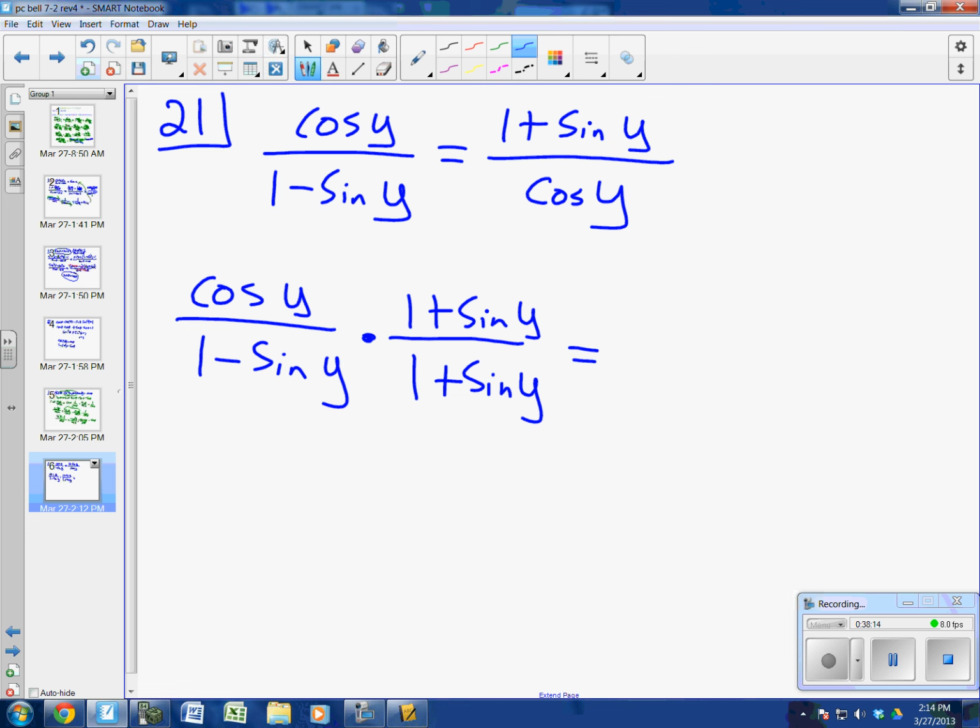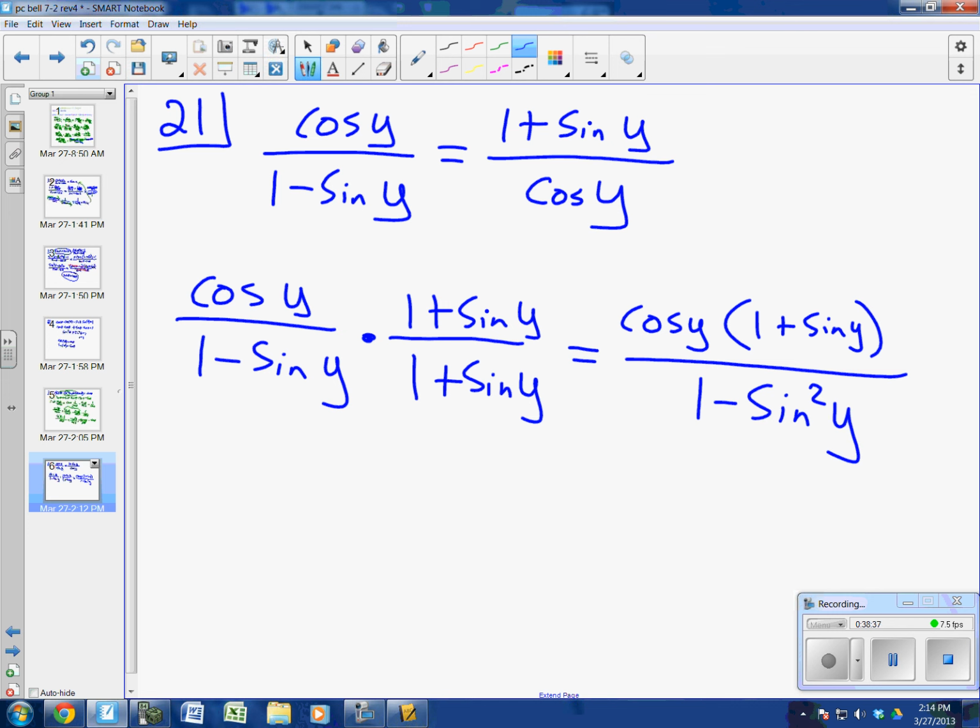I'm just going to leave this as cosine of y times 1 plus sine of y. And if I times these two together on the bottom, it's going to be 1 minus sine squared of y. If you foiled those together, 1 times 1 is 1. 1 times sine y is sine y. Negative sine y times 1 is negative sine y. The two middle terms would add up to 0. And negative sine y times sine y is negative sine y squared. That's what you would get.